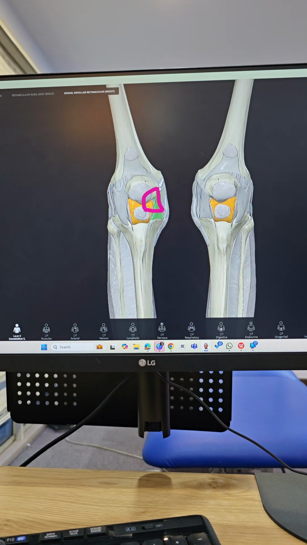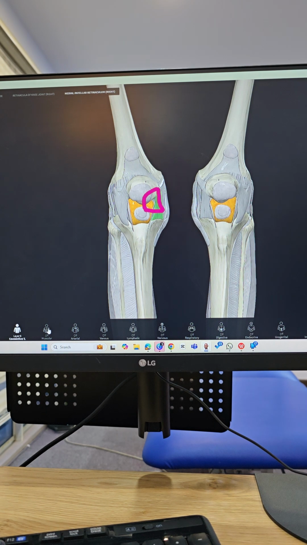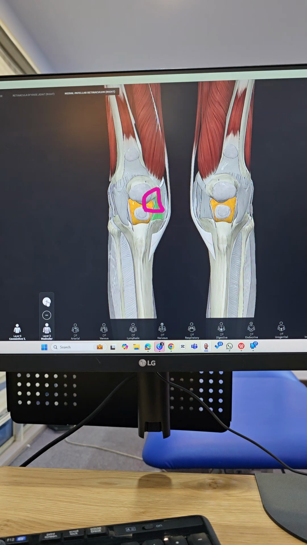I probably would be focused less on the VMO as such, with its insertional type structures, but you do have some points.